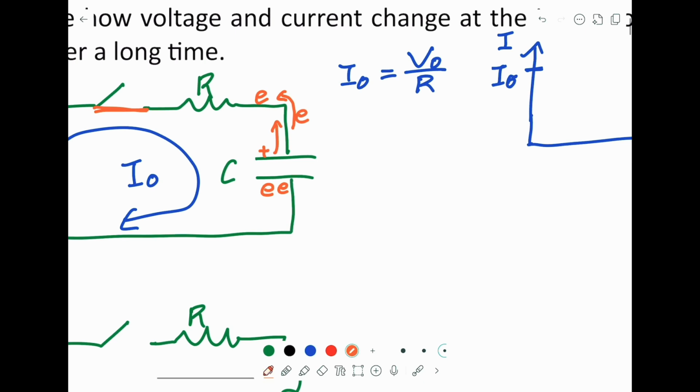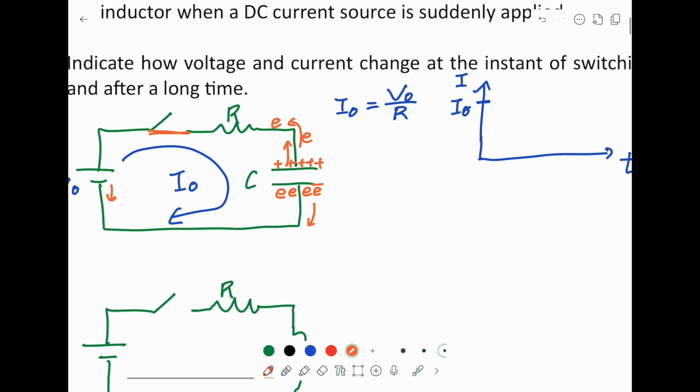However, this current will decrease because when more electrons accumulate here, this electron will try to oppose further electrons coming here, because electron repels electron. At the same time, there's a voltage built up here. This voltage increases because more electrons and positive charge build up across the capacitor.